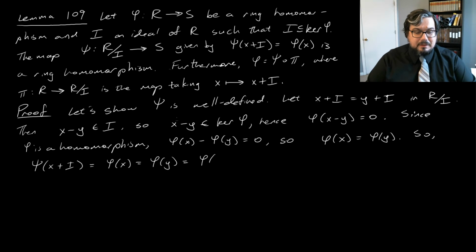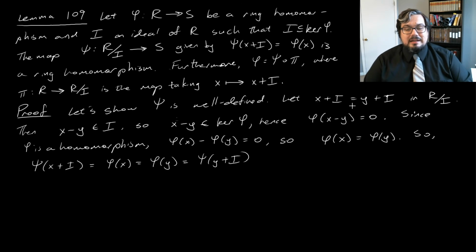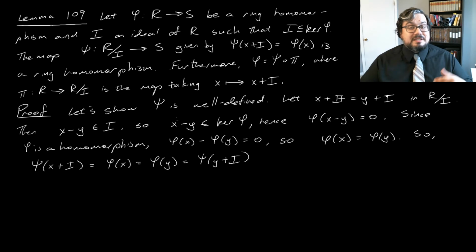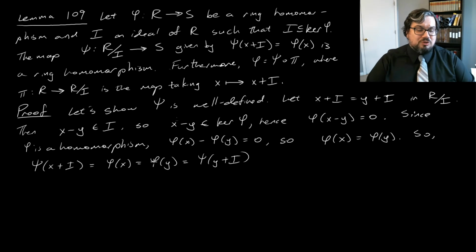But phi of y is exactly psi of y plus I. So we've shown that as long as the two cosets are the same, it doesn't matter whether we take two representatives, an x and a y, as long as it's the same coset, we're going to get the same output out of the function psi. So hence psi is well defined.